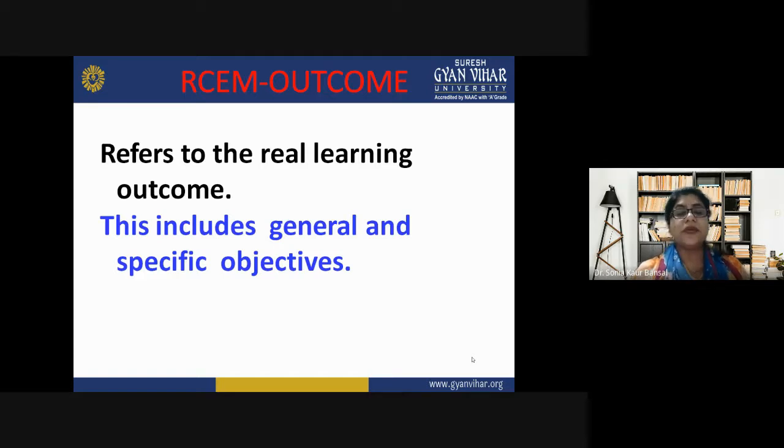In general, we are actually inculcating the values of LSRW skills, and we suppose that our students are learning that, because we are teaching a foreign language. And in specific objectives, when we are connecting it to prose, poetry, grammar, or composition, we have certain specific objectives of them. So they are understanding those also. So this is how the outcome is actually assessed.